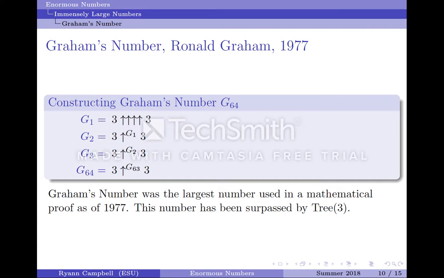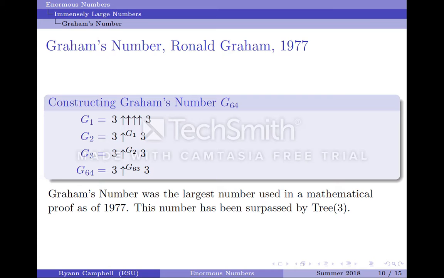So Graham's number is going to have a few more 3s to be conservative. Just in G1. That's the beginning portion of constructing Graham's number, which is the iteration G64. Okay, so G1 is 3 with 4 up arrows and a 3.